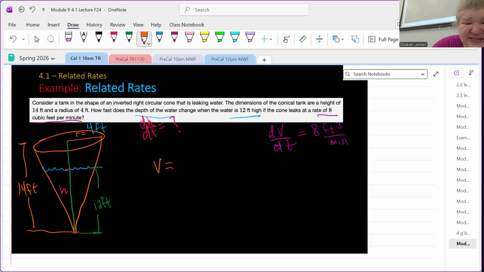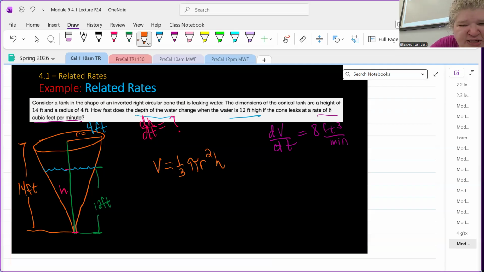So the volume of a cylinder is area of the base times the height. Our base here is a circle though. So pi r squared times the height, and then a cone gets a 1/3. So we've got a formula of 1/3 pi r squared h for the volume.